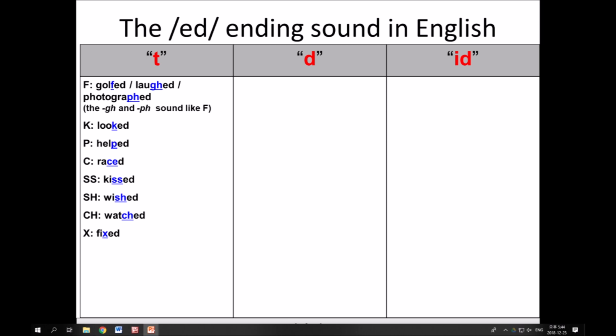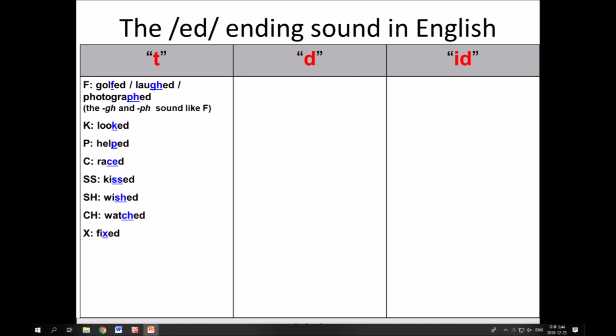And in the next example, K, so looked. So you just pronounce look and then T. So looked. That's how you pronounce the past form of look. And P, so help, helped. Okay, so you just say help and then T, helped.